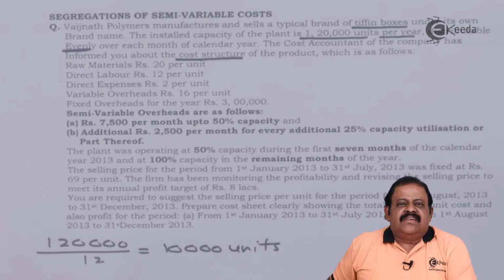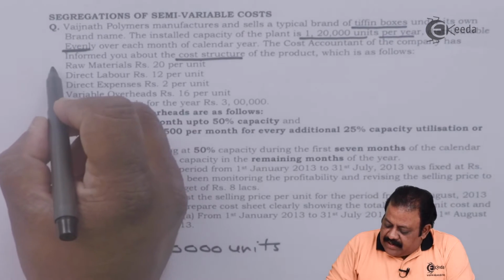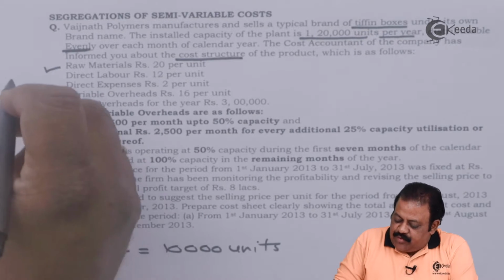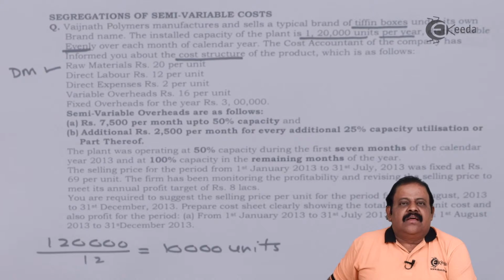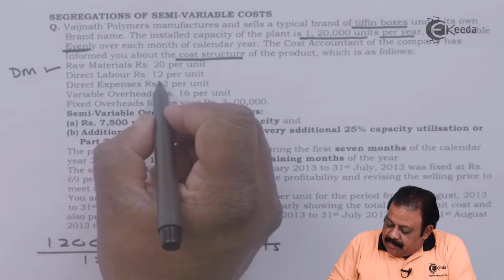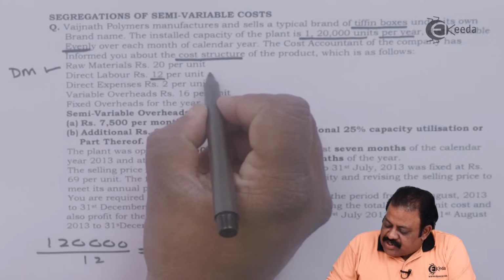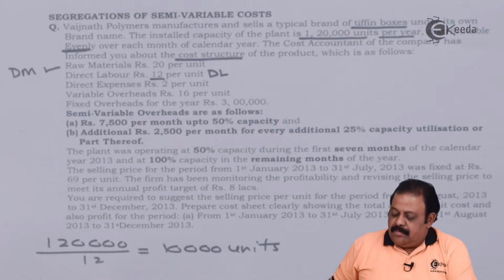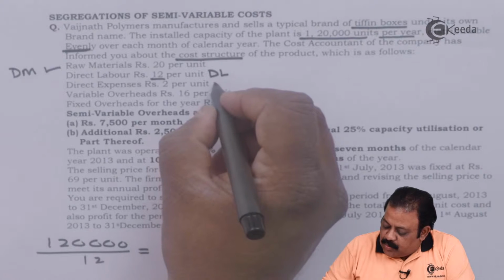Cost structure means different elements of cost, which is as follows. Raw material rupees 20 per unit. This is the information of direct material per unit. Direct labor is rupees 12 per unit. This is the information of direct wages or direct labor. Direct expenses rupees 2 per unit.